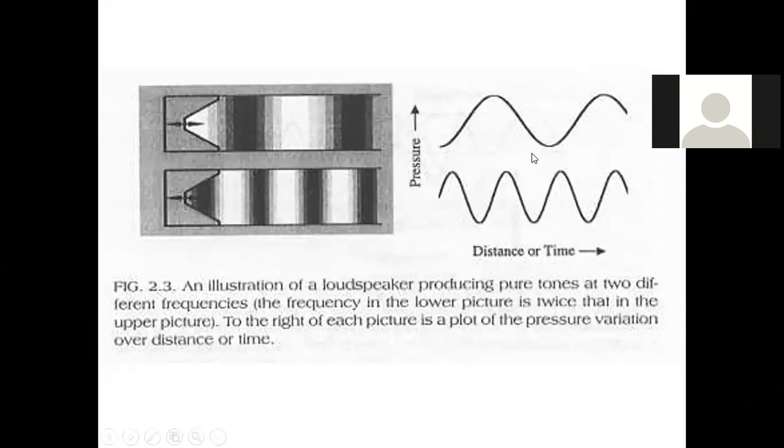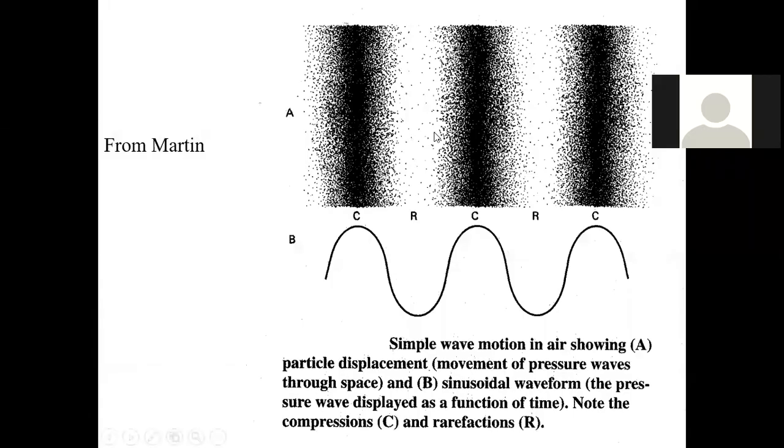So the up and down is perpendicular to the direction of the wave, like water waves. So we draw sounds like transverse water waves, but in reality, they are longitudinal waves. The squeezing and separating is happening on the same plane as the direction of the movement of the wave.